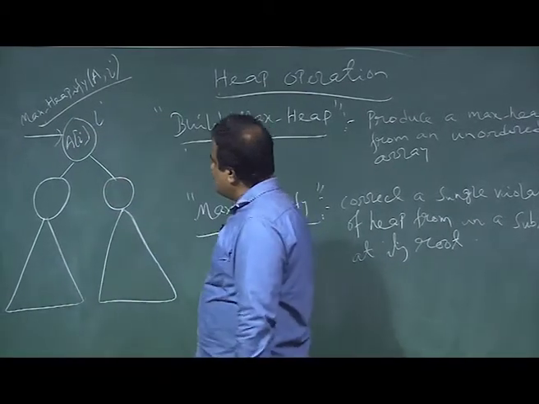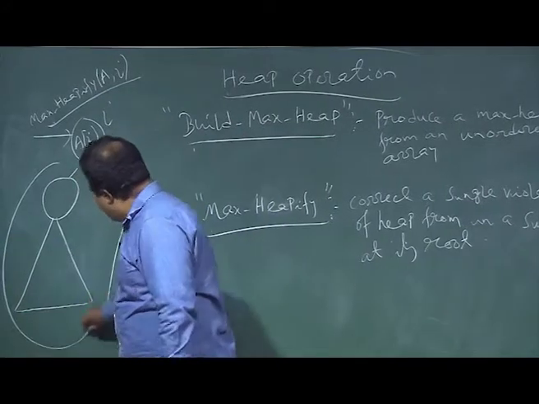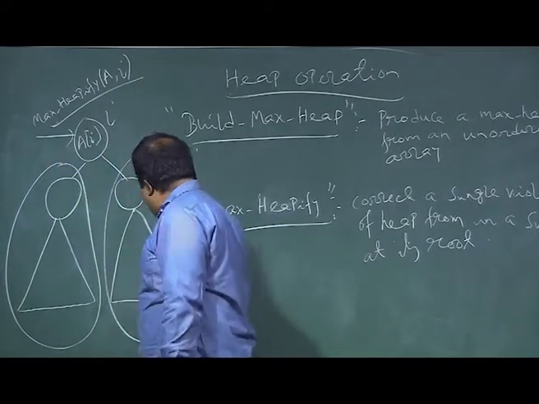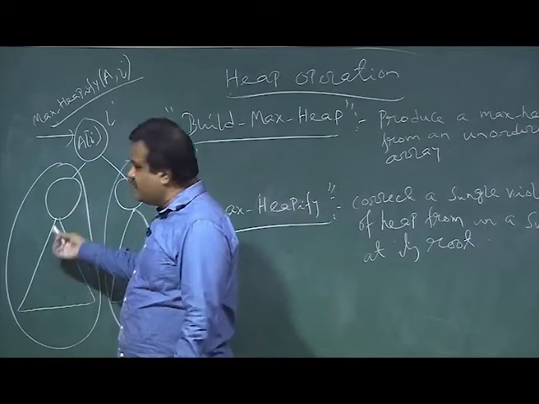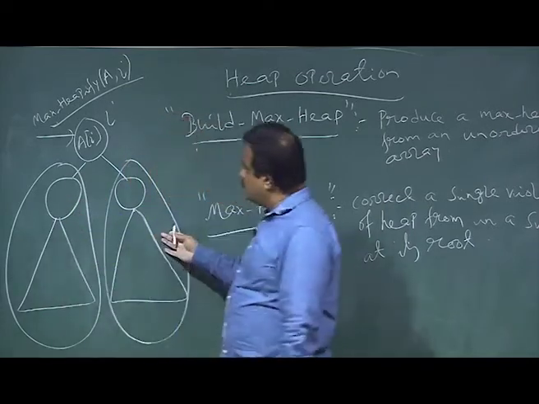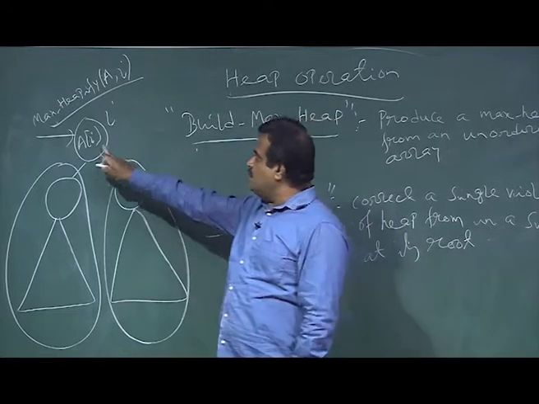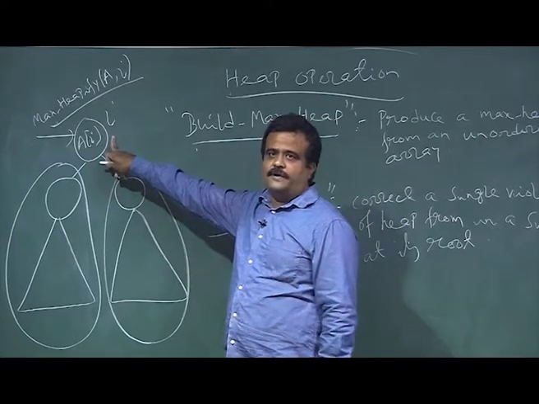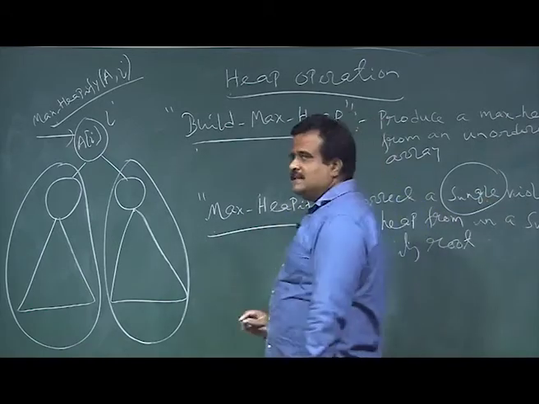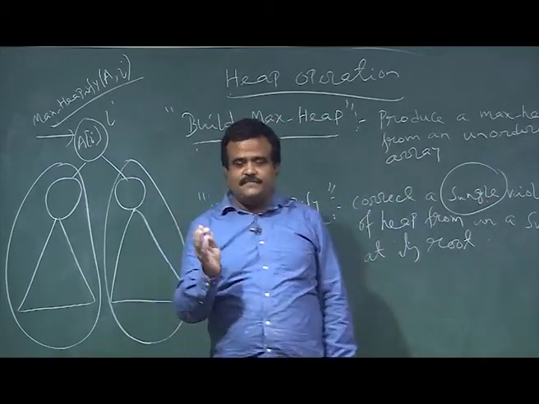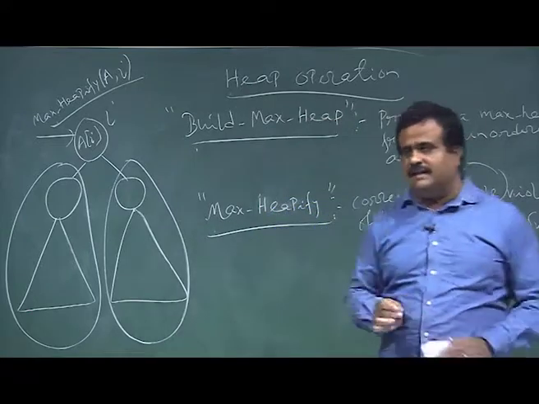For this maxify we assume everything is okay over here and everything is okay over here. So, this subarray is already maxified and this subarray is also maxified, only we may have a violation at this point. That is why maxify can only handle a single violation.